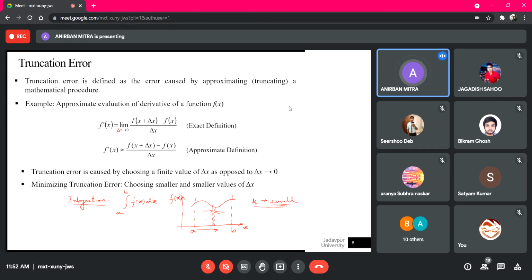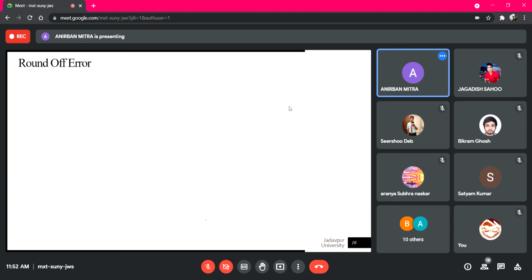Now we move on to the next error, which is known as the round-off error. Round-off error is defined as an error created due to approximate representation of numbers. The previous one, truncation error, was approximate representation of a mathematical procedure. Here, round-off error gets created when we try to represent numbers in an approximate way.